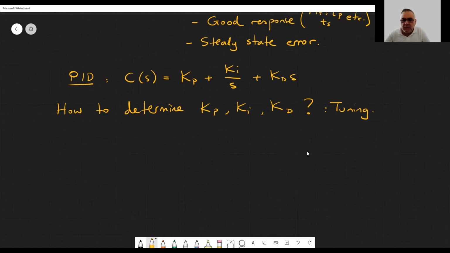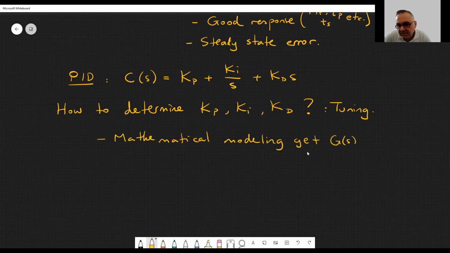So you have to tune these parameters, and to tune them, there are two ways. You can either do the mathematical modeling, get the G of s, etc. But this is not very easy, and it requires a lot of mathematics.